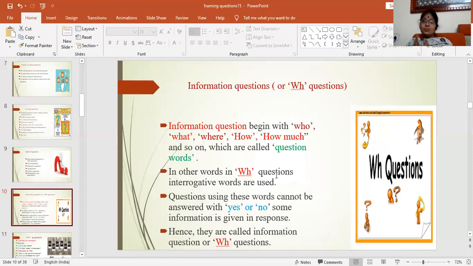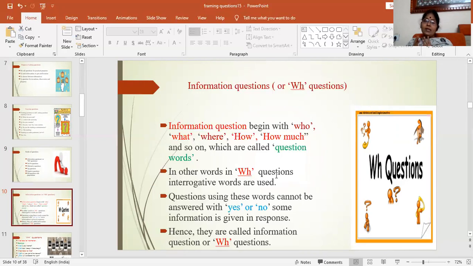Questions using these words cannot be answered with yes or no. Some information is given in response. Now, when you ask WH questions, you cannot get an answer in yes or no. So you have to give a complete answer.